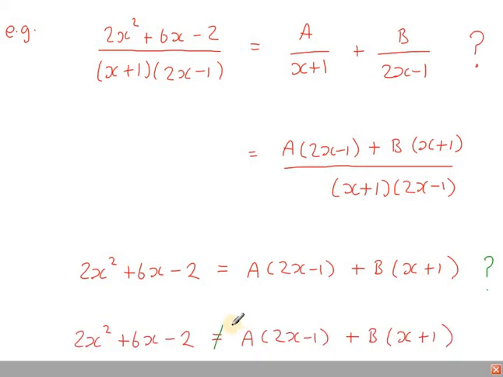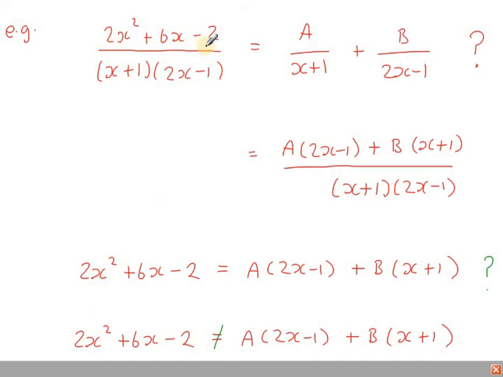So where does this problem arise? The problem is right at the beginning. There was an issue here. If you look at the degree of x for the numerator and the denominator, we have a quadratic expression in the numerator and it's quadratic also in the denominator.